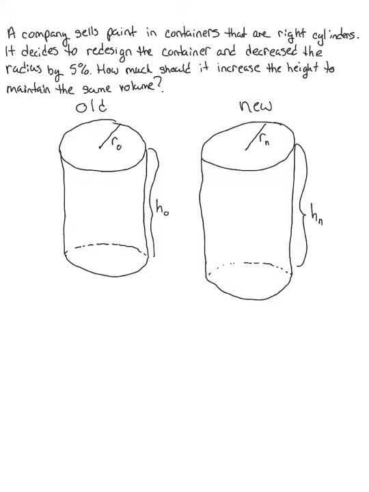And so we're also told that it decreased the radius by 5%. So that means the new radius is going to be 95% of RO, the older radius.